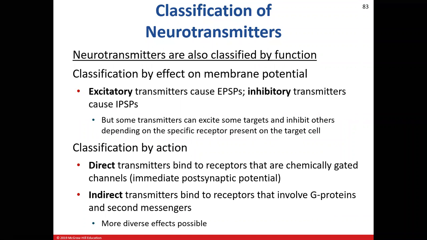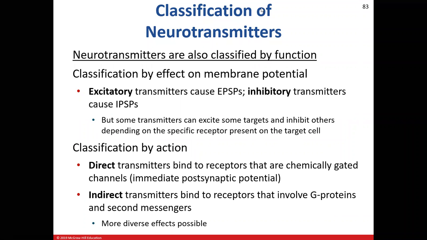So we can also have different classifications for neurotransmitters based on their function and how they affect the membrane potential. So we can have excitatory neurotransmitters, and they're going to cause EPSPs. They're excitatory. Inhibitory transmitters cause IPSPs.